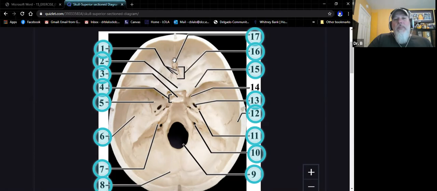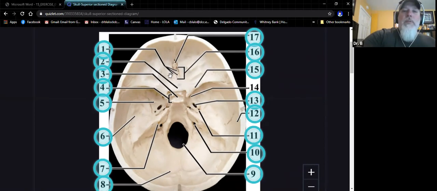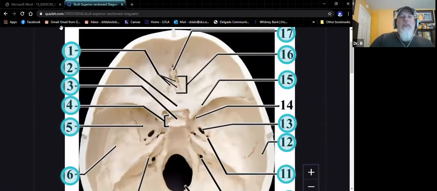And then the last bone, we don't have it identified strictly as a bone, we just have the structures labeled on it. But we mentioned the ethmoid bone earlier, and this would be the top part of the ethmoid bone. Now, the ethmoid bone has some structures that we have labeled here.